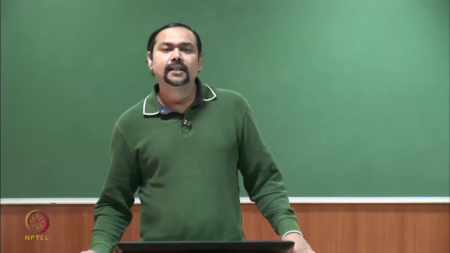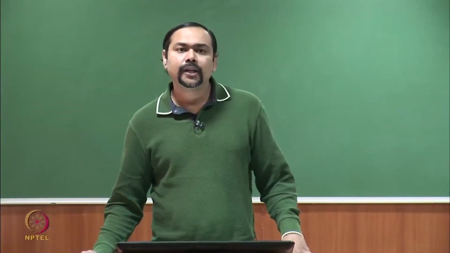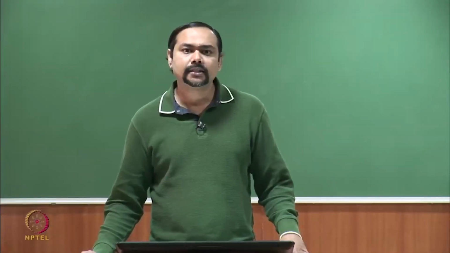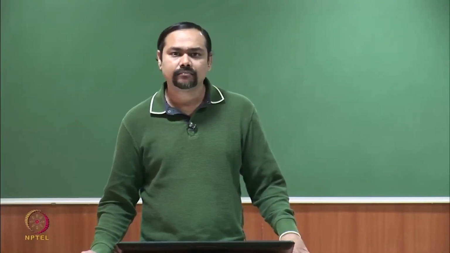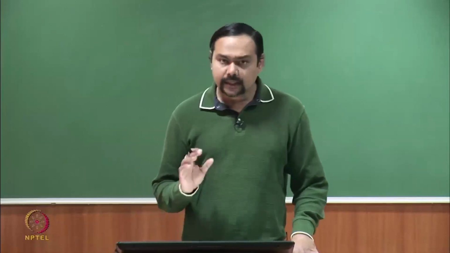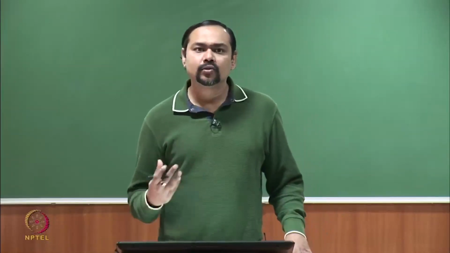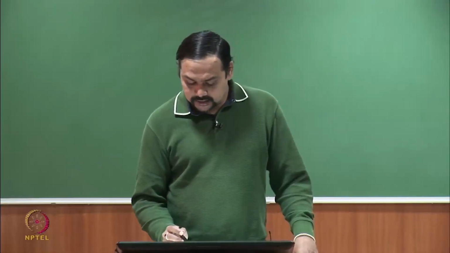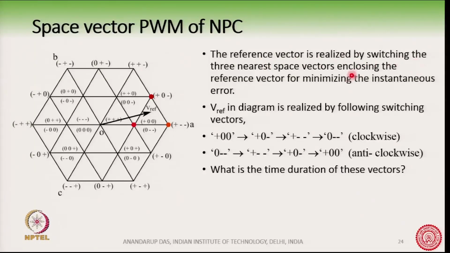Now we will see how we can switch the vectors in order to realize the reference vector. Again, like the two level space vector diagram, the reference vector is realized by switching the three nearest space vectors enclosing the reference vector for minimizing the instantaneous error.